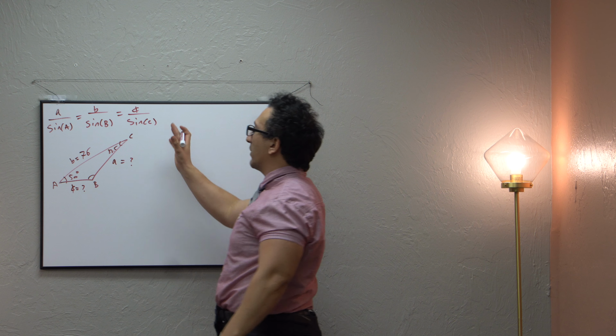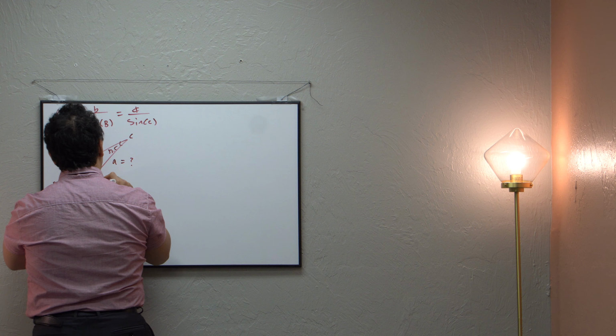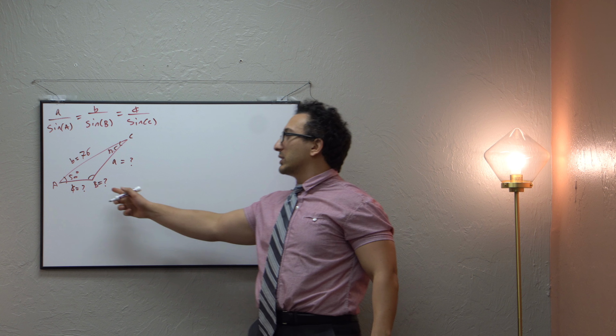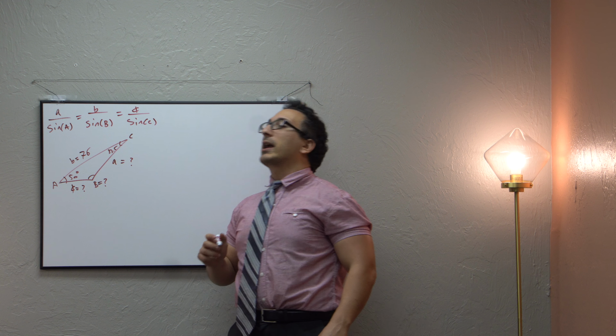So we're given 3 pieces of information, but we also need to find another 3 pieces of information, namely the angle capital B, the side length little c, and the side length little a.